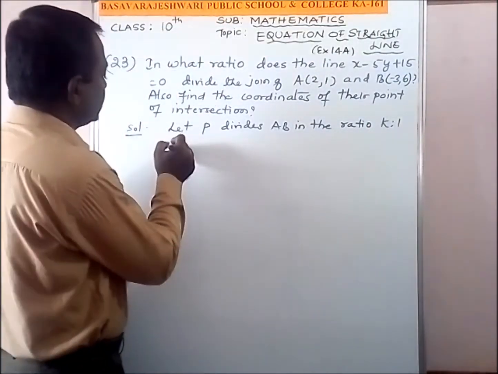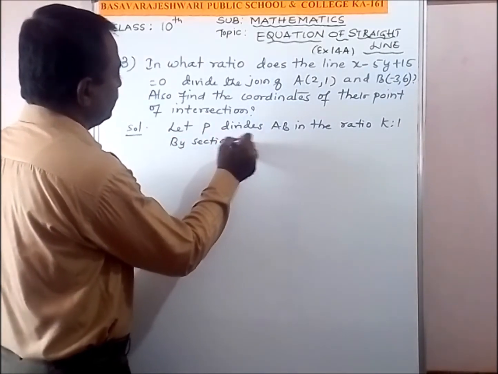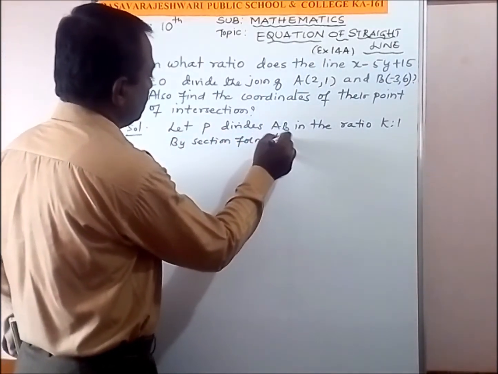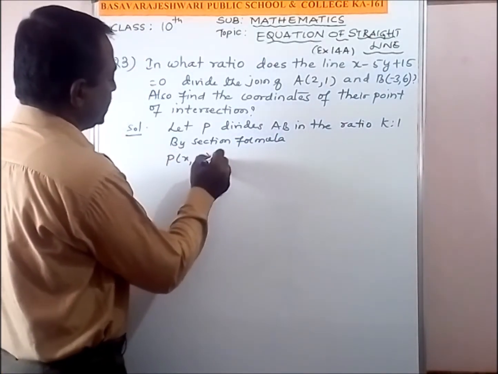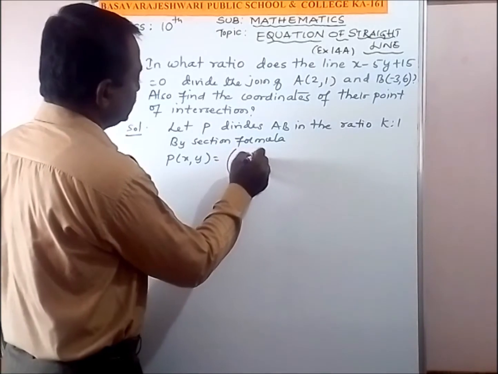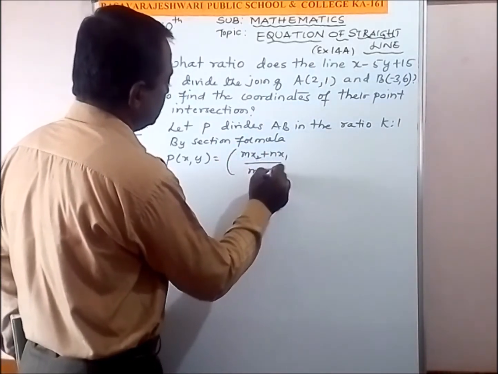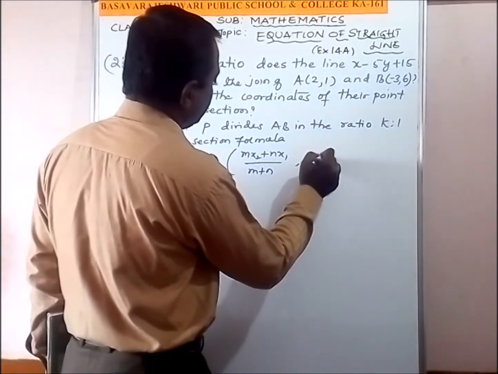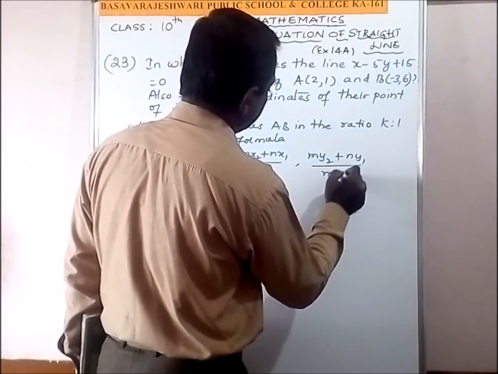So by the section formula, we have P of (x, y) is equal to (mx2 plus nx1) by (m plus n), (my2 plus ny1) by (m plus n).